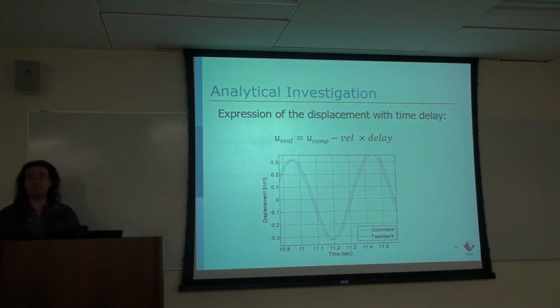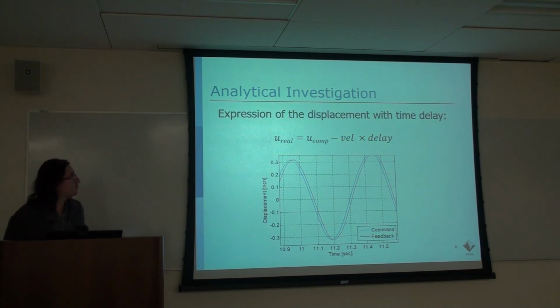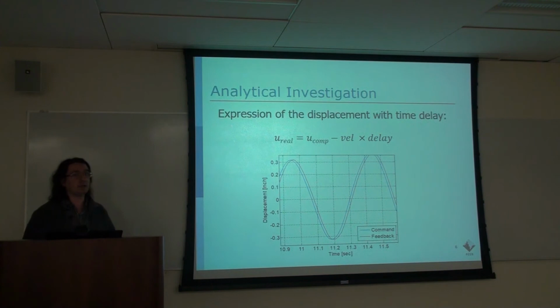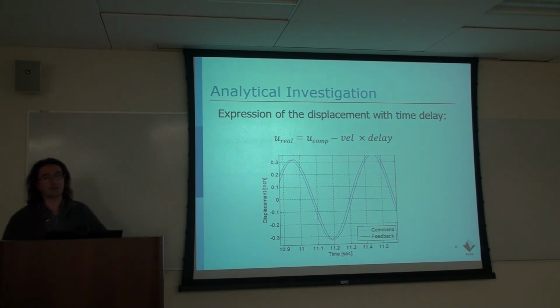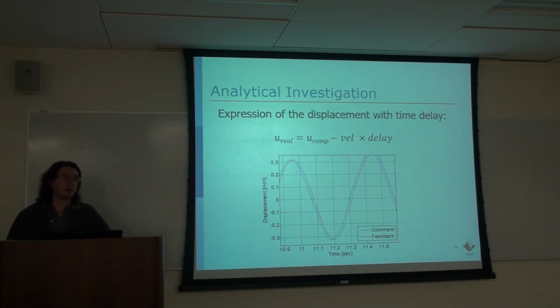So basically here what we are trying to do is simulate real-time hybrid simulation with errors fully in the analytical domain. So let's say you are representing your experimental substructure with a corresponding analytical part, and then you still have two substructures. We'll try to simulate this setting with errors in the simulation.